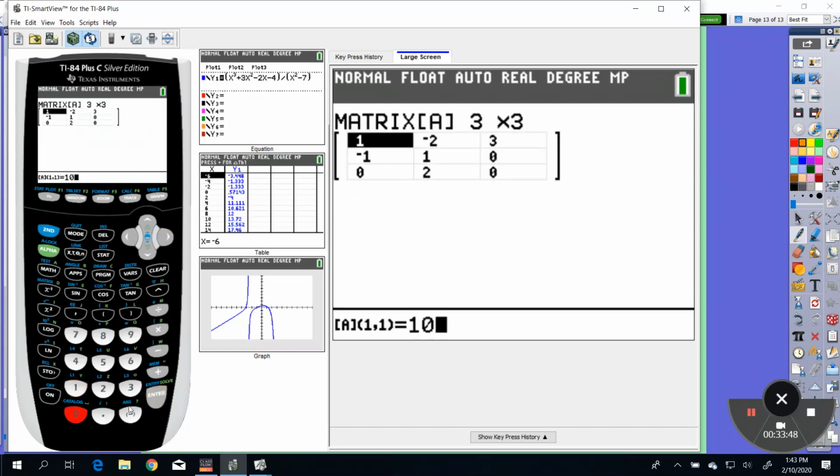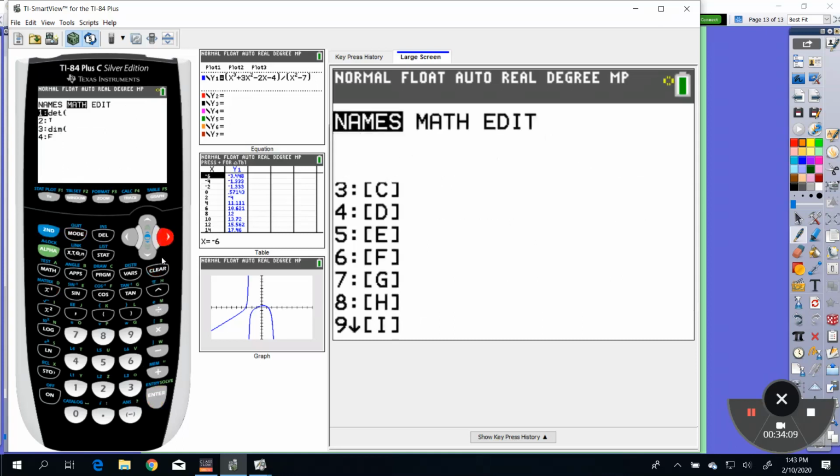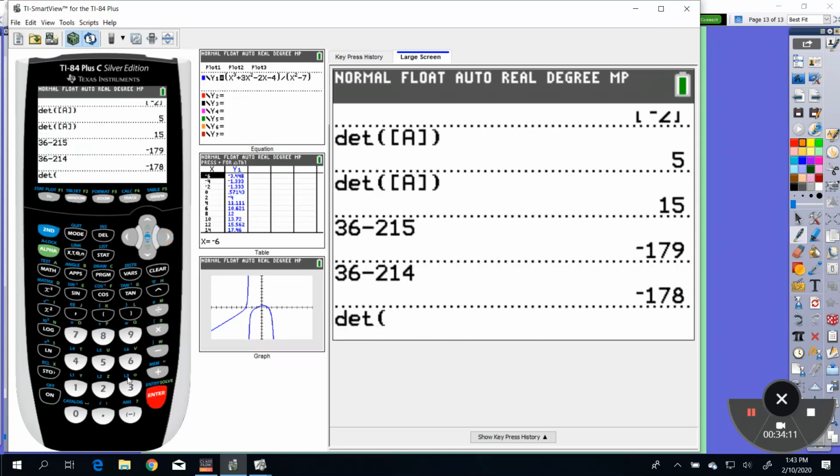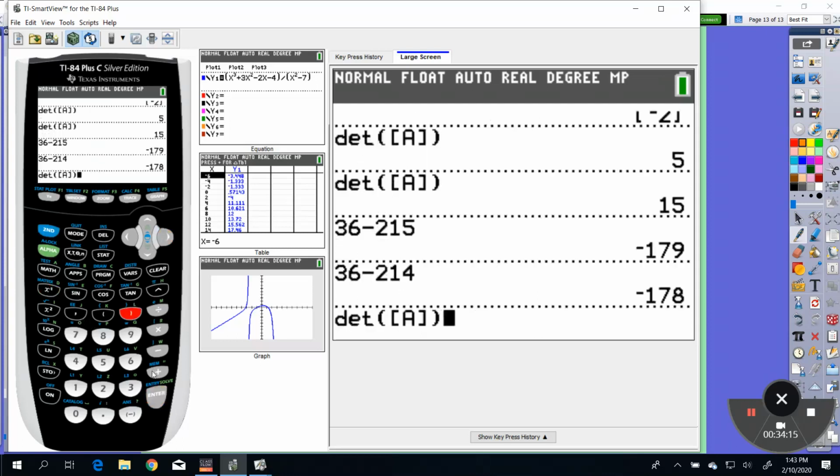Typing in your numbers, 10, 8, 3, 4, 0, 5, 0, 3, 2. Going out. Second matrix, it brings up the same thing that you did the last time. Determinant, second matrix of A. So it gives me my same answer.